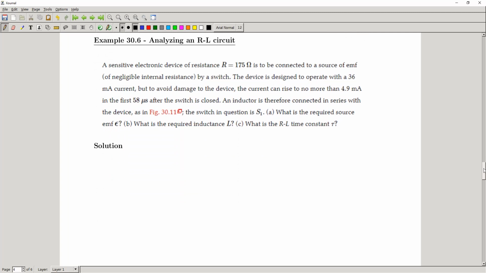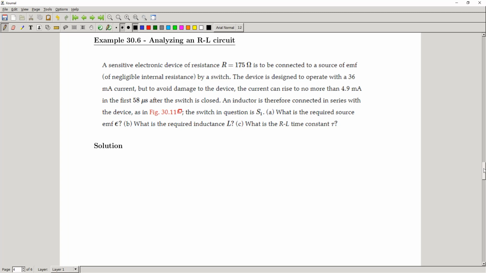Okay, so let's take a look at an example. We have a little more to do after the example, but we'll start with it. This is example 30.6 from the textbook. We are analyzing an RL circuit. Here's the problem. We have a sensitive electronic device with a resistance of 175 ohms, connected to an EMF source that has negligible internal resistance by a switch.